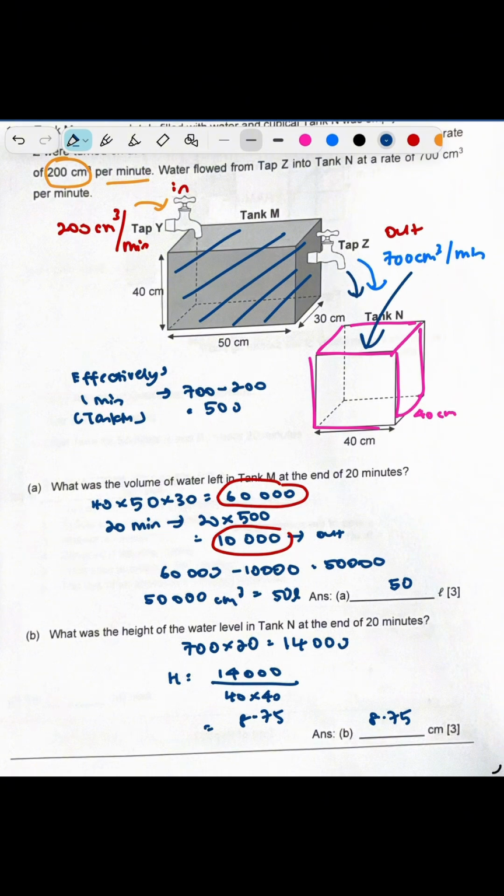However, at the same time, there are 200 cubic centimeter of water going into the tank. So effectively in tank M, every 1 minute there will be 500 cubic centimeter of water that is still there. Alright, I'll pause here for a while.